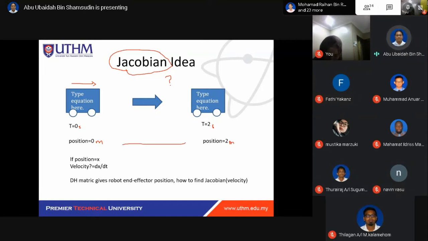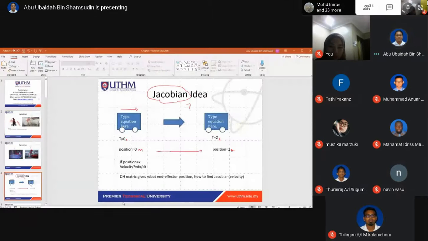So velocity. What is this car's velocity? Okay. Please everyone try this. What is the velocity of this car?